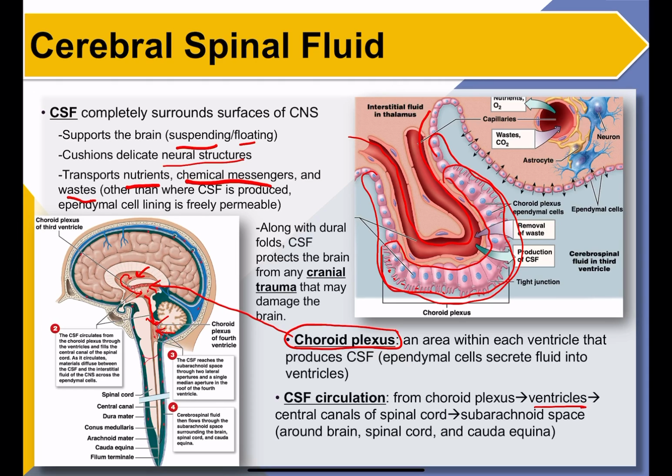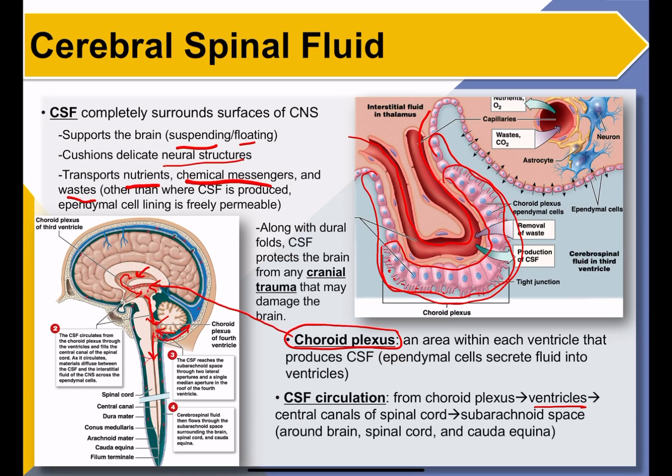And then from there on, it will travel either to the central canal of the spinal cord or upwards around the brain. Whichever the case, it is that subarachnoid space that is formed by the arachnoid mater. That's why it's called subarachnoid space, because it's underneath the arachnoid mater. Sub meaning underneath.